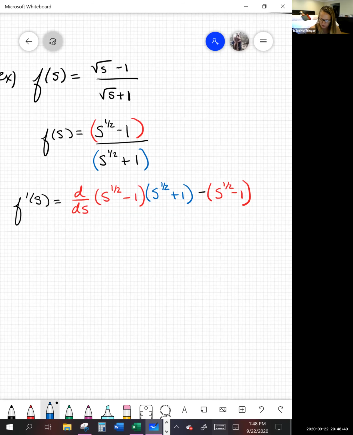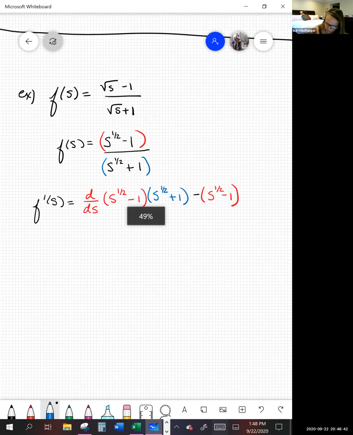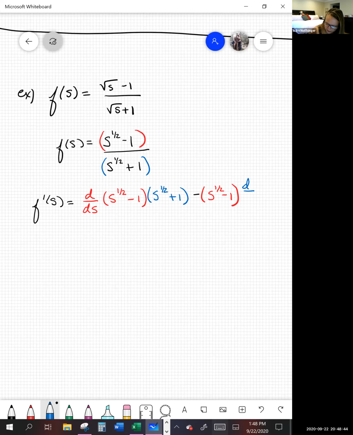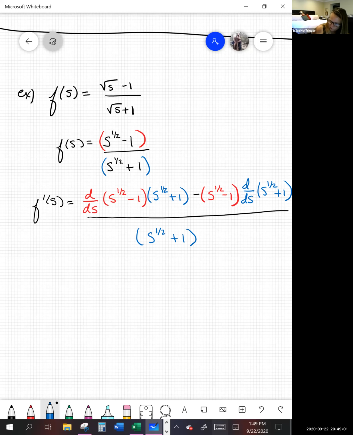So the derivative of the denominator, without taking it yet, I'm going to write as d/ds of s to the 1/2 power plus 1, all over, it tells me to take my denominator, s to the 1/2 plus 1, and square that whole thing.